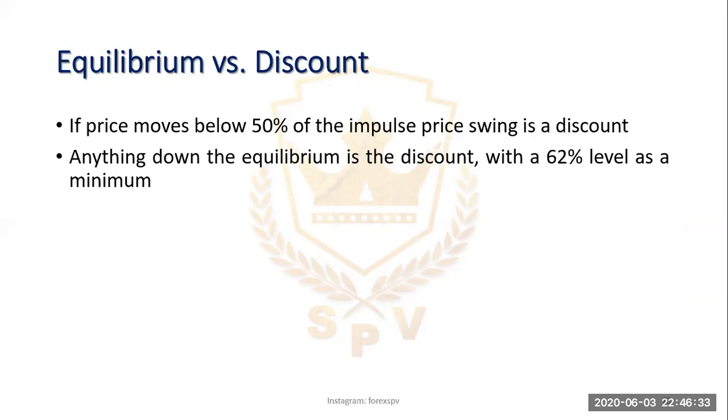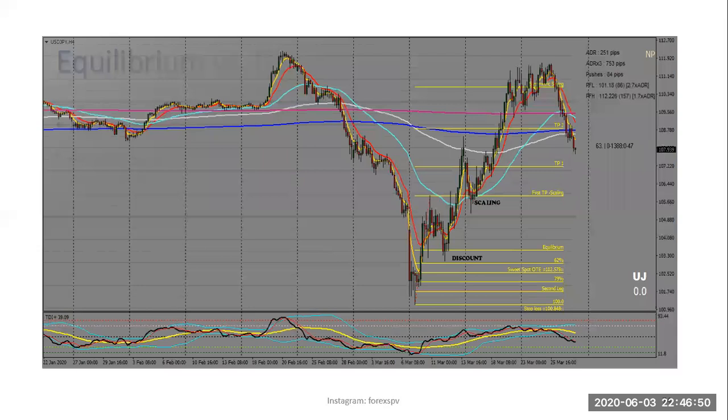And the impulse swing now moves below the 50% level. Anything below the equilibrium is the discount market. And in the discount market, 62% is the minimum level. Like here we have the 62% as the minimum level.